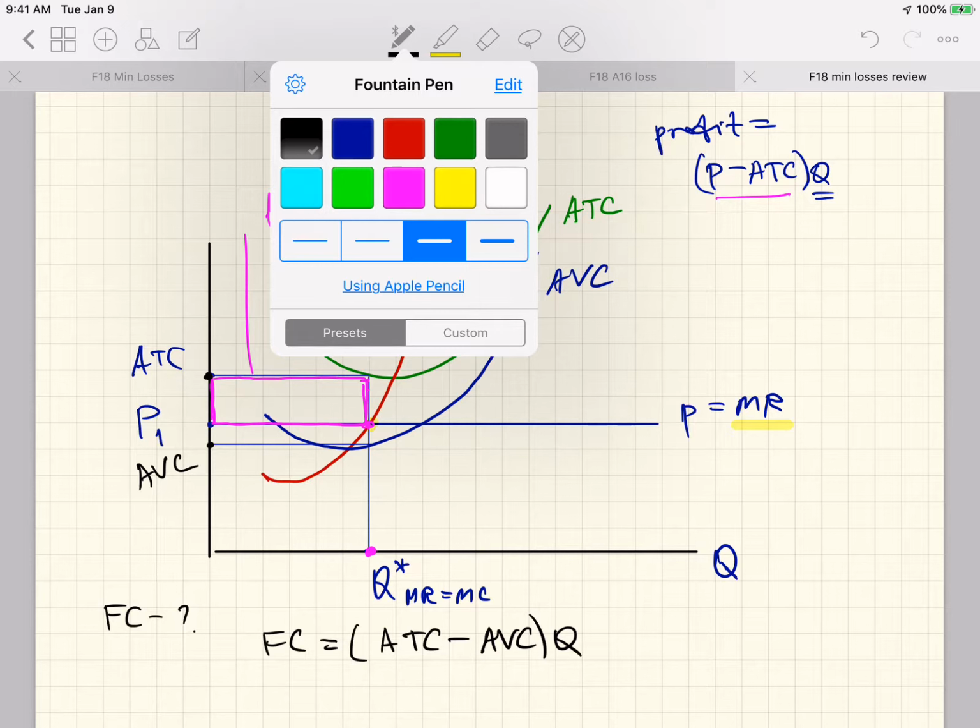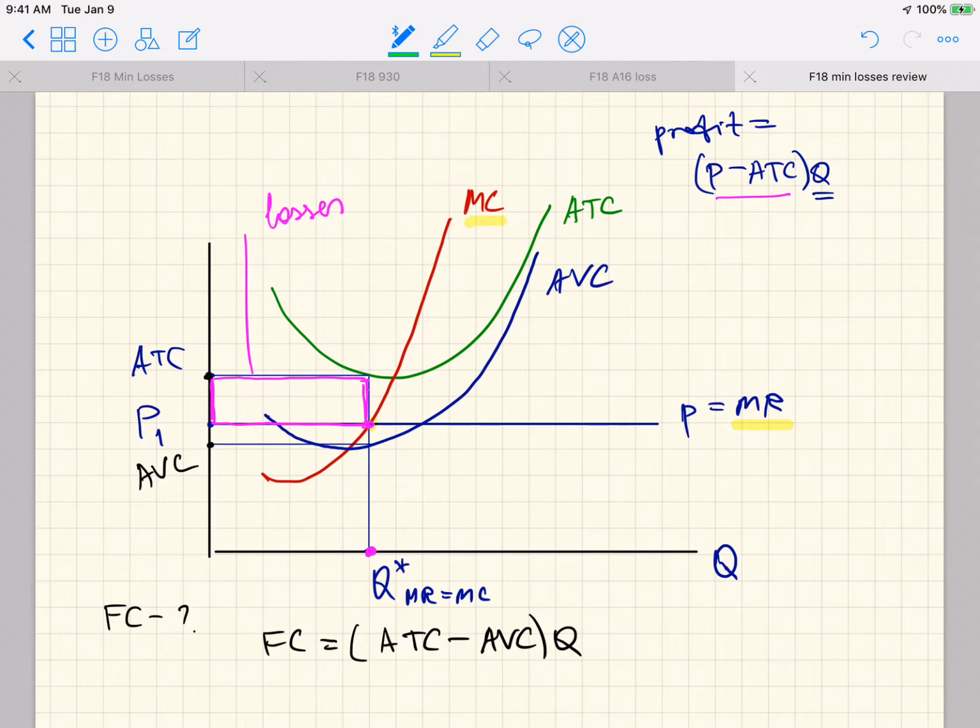So this distance is ATC minus AVC, or this thing, and times Q. You see, by the way, this is the point we're picking, not this one.